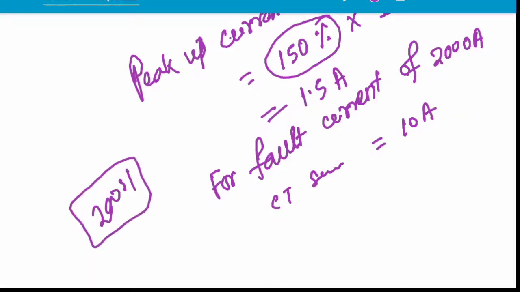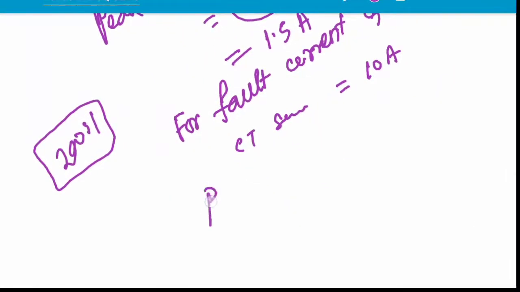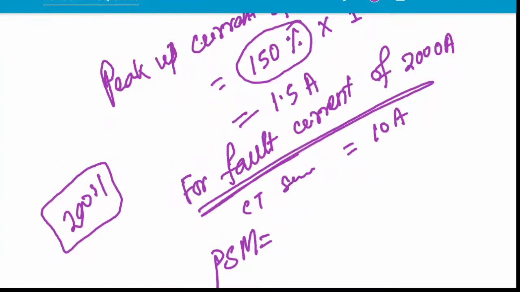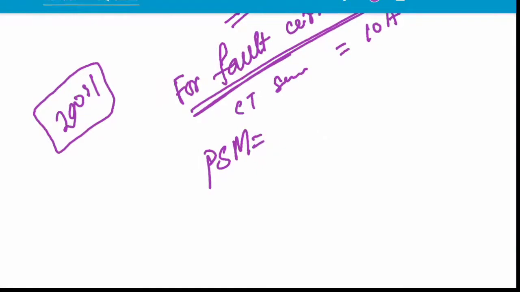So the clock setting multiplier: the same current flows into the relay coil as the CT secondary current, because the CT is placed before the relay. So this will be 10 by 1.5.